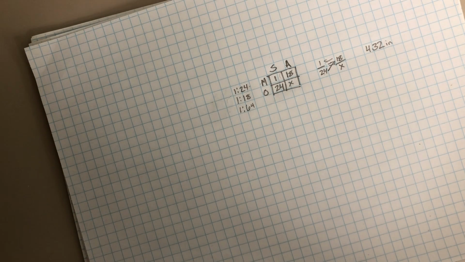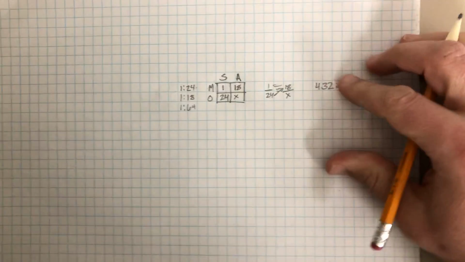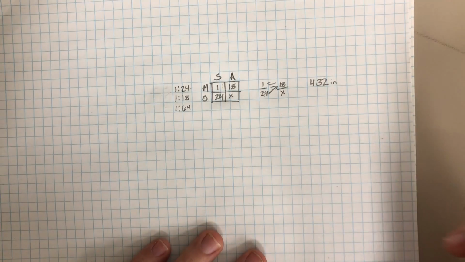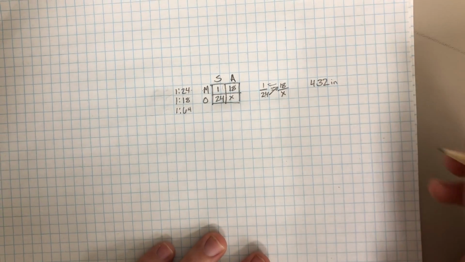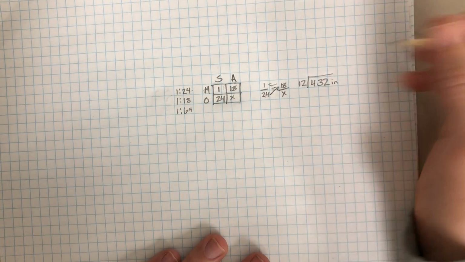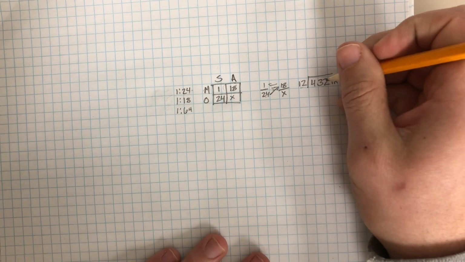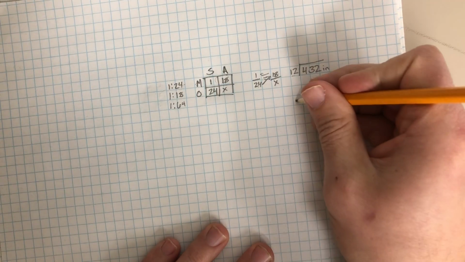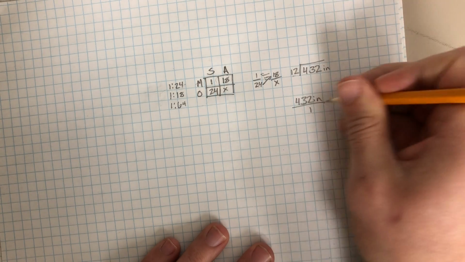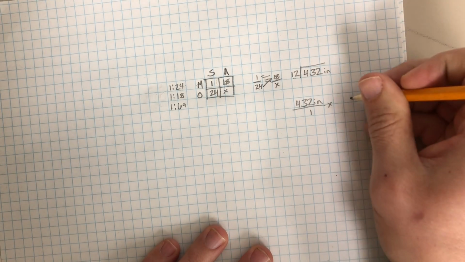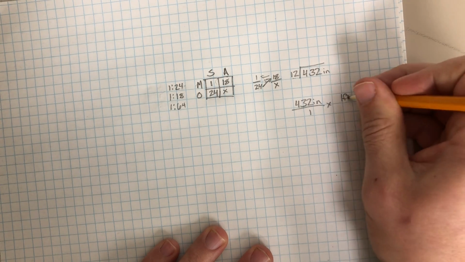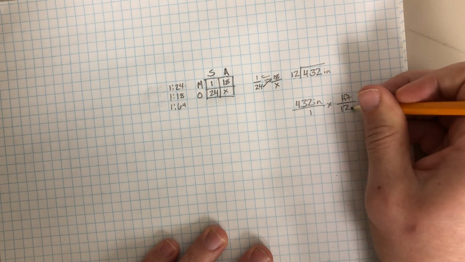But wait, it didn't ask for our answer in inches, it asked for our answer in feet. So we have to convert inches to feet, and to do that, we would divide by 12, right? Because there are 12 inches in a foot. You can see that this way: if we had 432 inches over 1 times what unit multiplier? We want inches on the bottom. 1 foot is 12 inches.